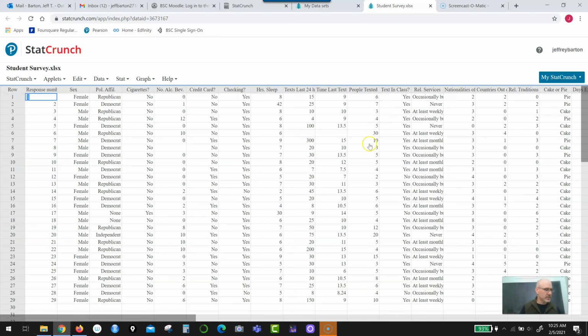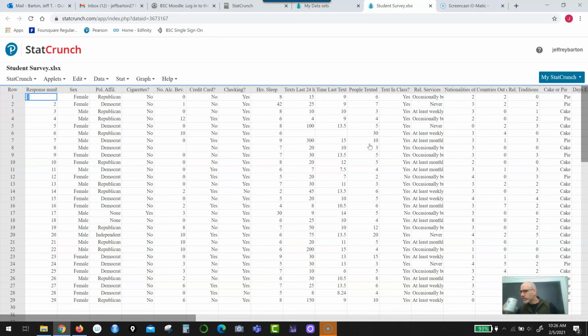All right. So let's take a look at some of the graphing capabilities for StatCrunch.